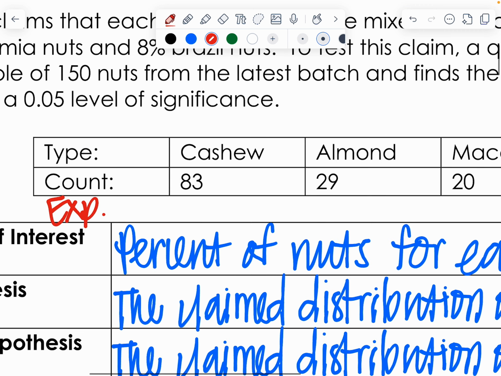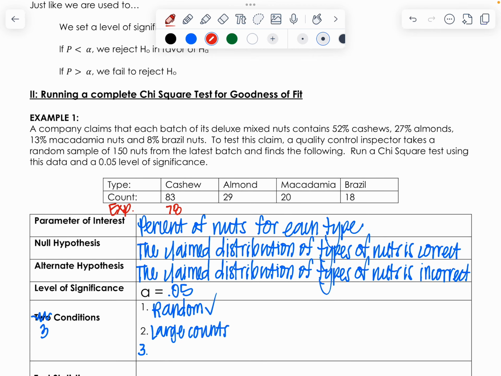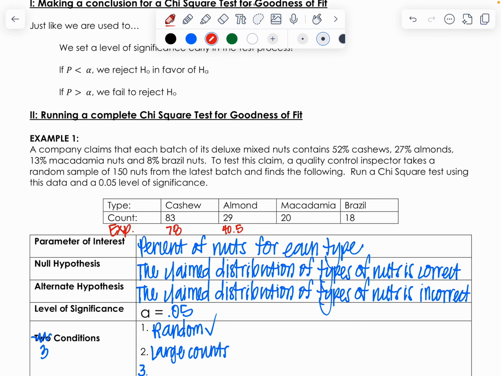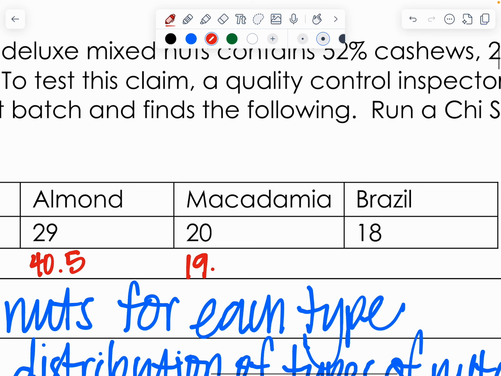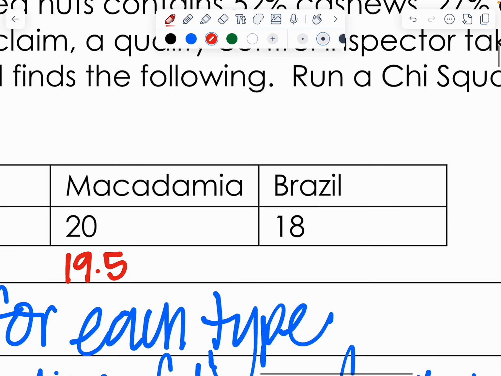We would have expected 78 to be cashews. 27% almonds, so 0.27 times 150 is 40.5 almonds expected. Our macadamias were 13%, so 19.5 macadamias. And then the Brazil nuts, 8%, so 0.08 times 150 tells me we expected 12.